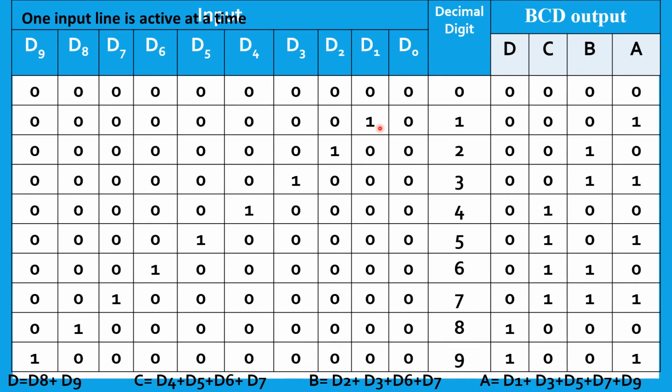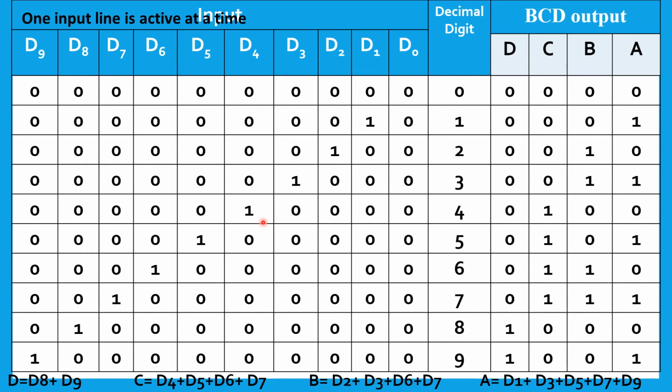When D1 is 1, the decimal equivalent is 1 and the output will be 0, 0, 0, 1. When D2 is 1, decimal equivalent 2 and the output is 0, 0, 1, 0. When D3 is 1, decimal equivalent is 3 and the output is 0, 0, 1, 1.